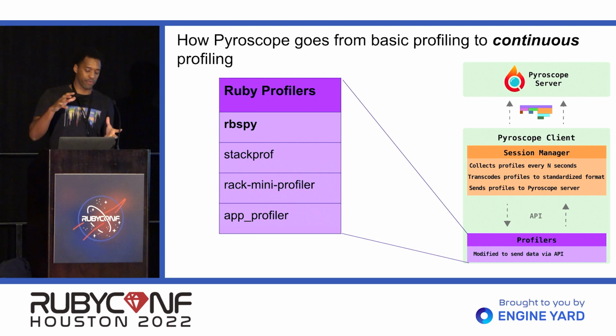And so that's again the difference between static profiling or ad hoc profiling and continuous profiling: this concept of putting it somewhere where it can be queried and used retroactively, without having to do anything extra.